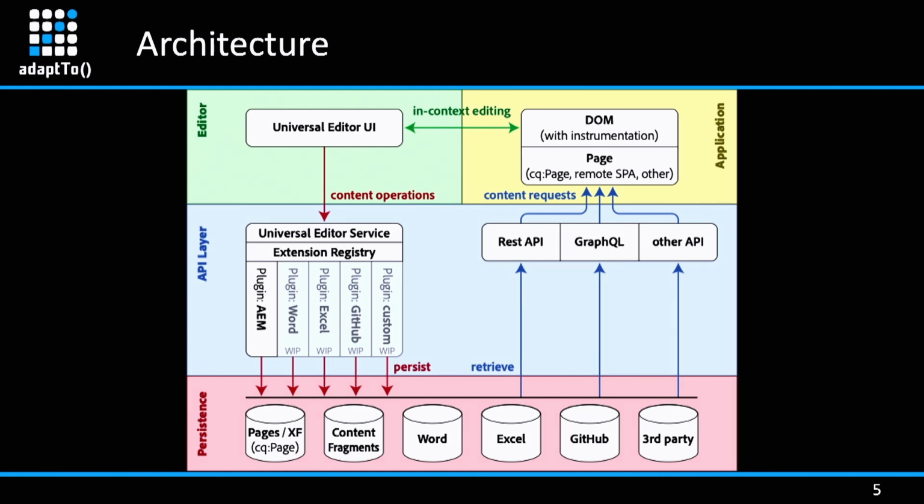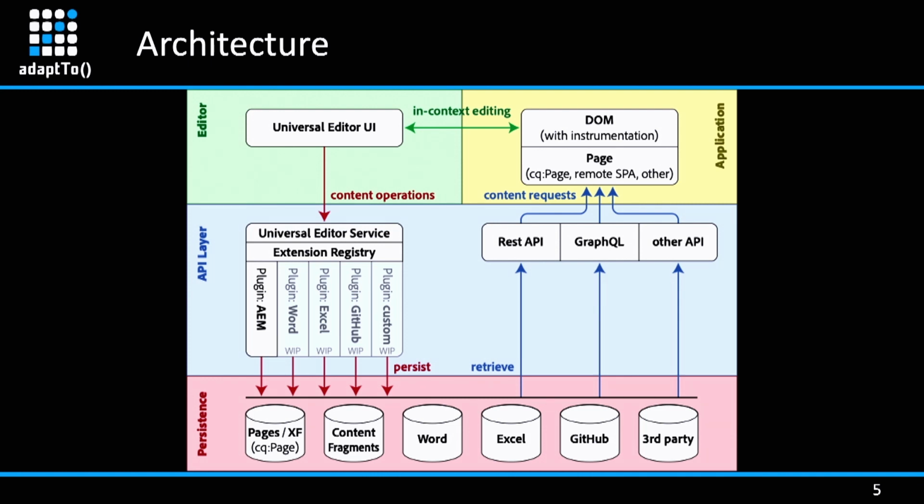It's going to query your data sources either through REST API or GraphQL or any other API, and render. The editor is going to recognize those places and create overlays for them. Then the moment you click, you're able to either edit in context or using our advanced side panel, which allows you to alter the data.